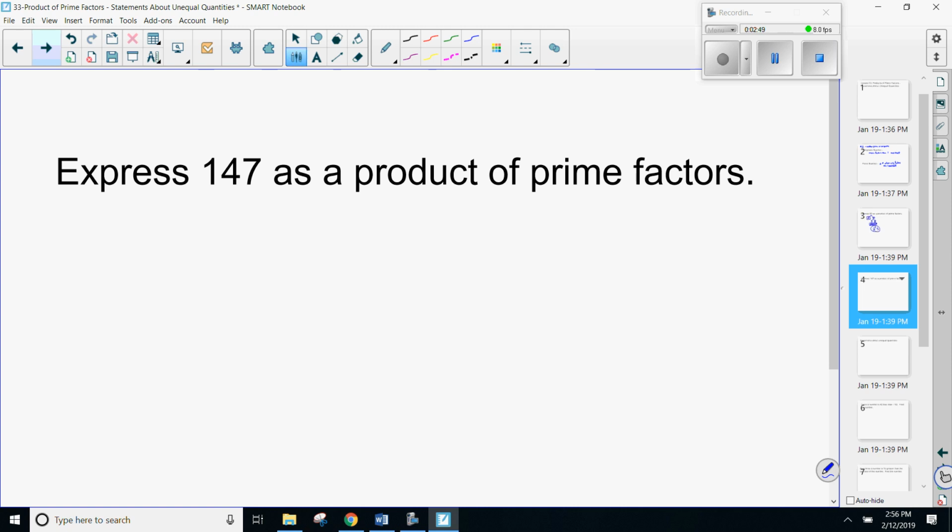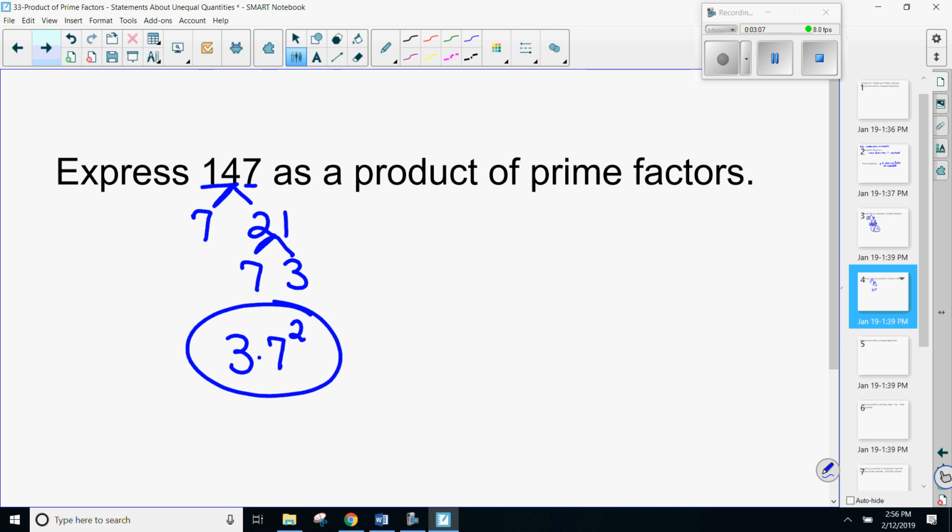Express 147 as a product of primes. Well, you see this number 14 and you see the number 7. What goes into 14 and 7? 7, which gives you 21. 21 is 7 times 3, so it's 3 times 7 squared.